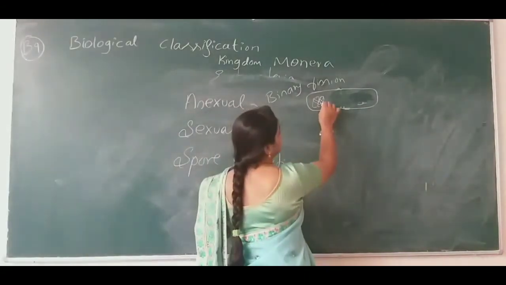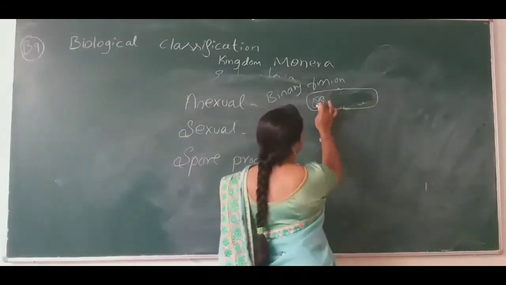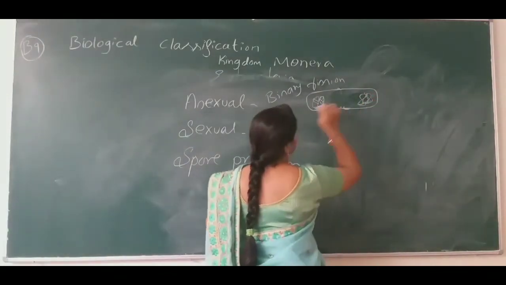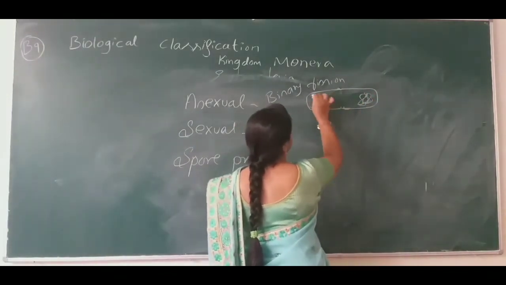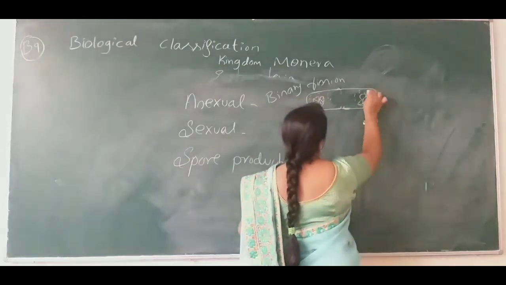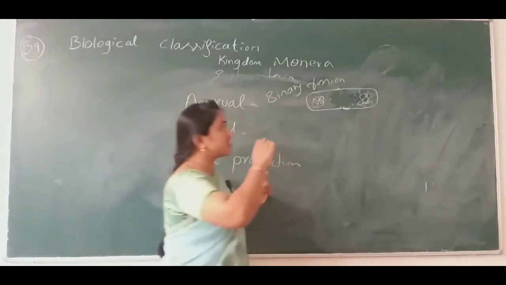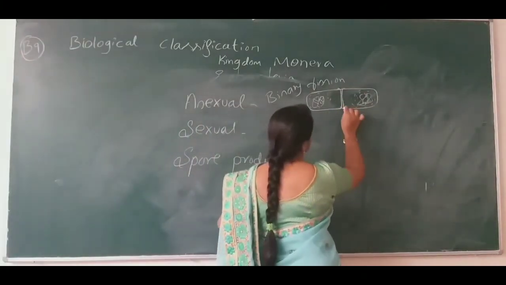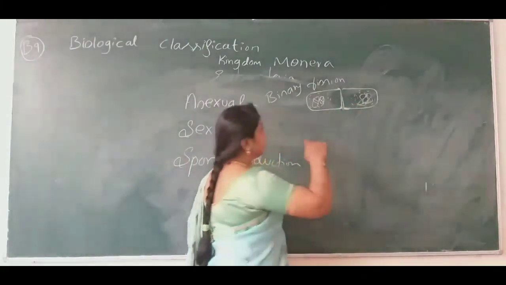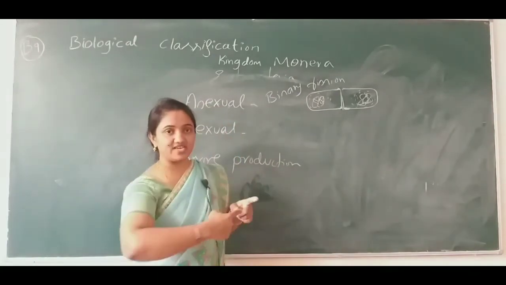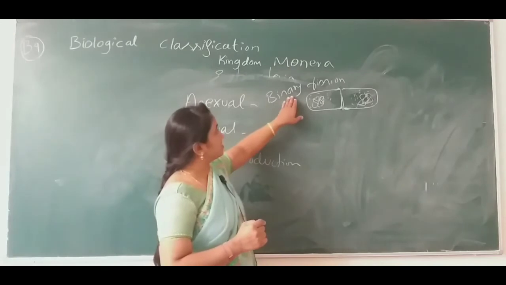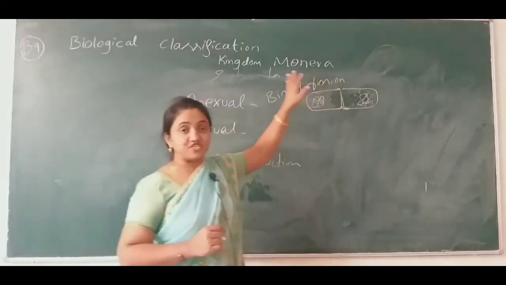One DNA will be here and one more DNA will go to the extreme end, and all the organelles will be on this side. After the division of DNA, the cleavage occurs. That cleavage separates the cell into two equal halves. That is known as binary fission.